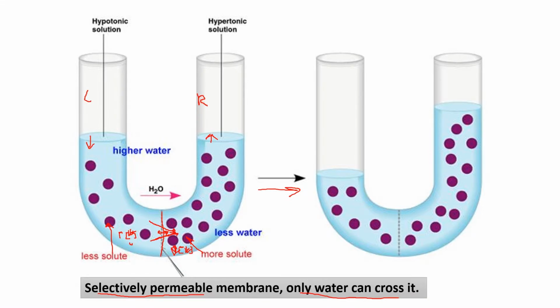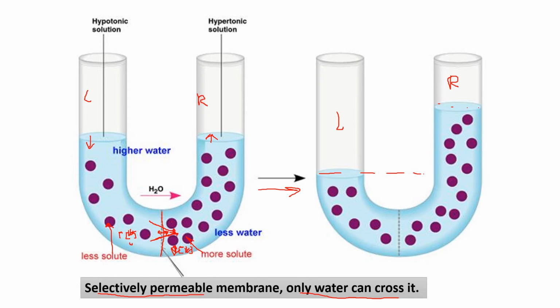The solutes, the large red particles, will not be able to penetrate through this selectively permeable membrane. So in the end, water leaves to the right, and because of this the volume changes. We have a high volume on the right side compared to the low volume of solution on the left.